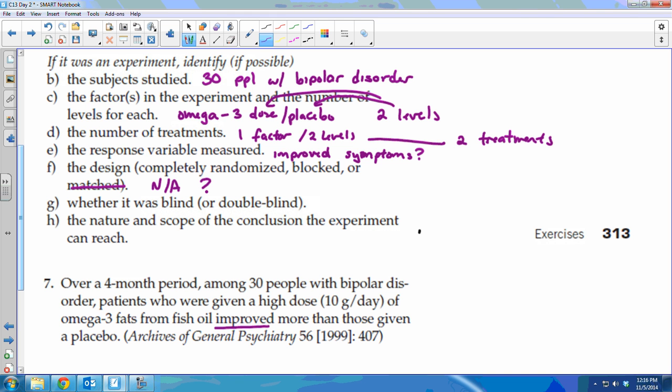They don't tell us. Does it tell you if it was blind or double blind, or could you figure that out? If they have a placebo, then that means it's going to be single blind for sure, right? It doesn't tell us if the judges of the experiment or the doctors knew. So it's definitely single blind. We know that much. If there's a placebo, then it's single blind because we're not telling those people what they got.